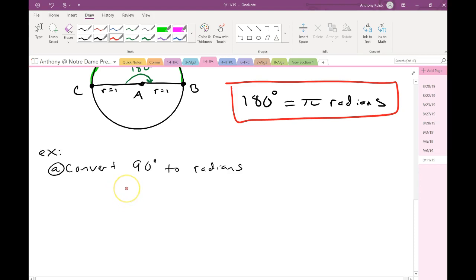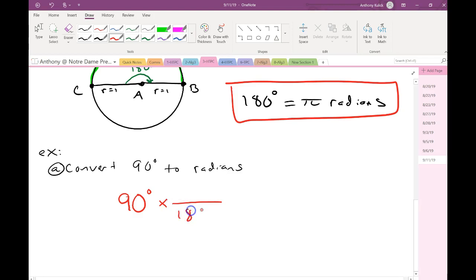So just like if we were doing a unit conversion problem in your chemistry class or other science class, I'm going to start with the quantity I know. That's going to be 90 degrees. And then I'm going to multiply it by some conversion factor. The conversion factor we have is that 180 degrees is equal to pi radians. Which of those two things, the 180 degrees or the pi radians, should go in the denominator of this fraction?